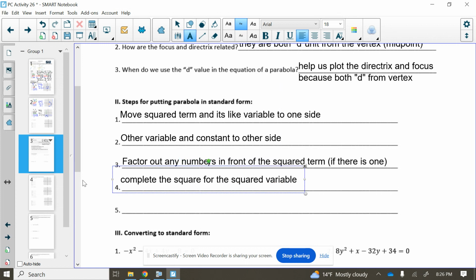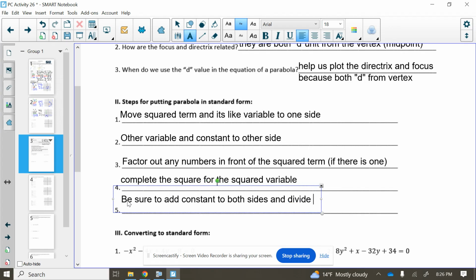Be sure to add the constant that you get to both sides and divide over the 1 over 4d value if needed to finish it out.